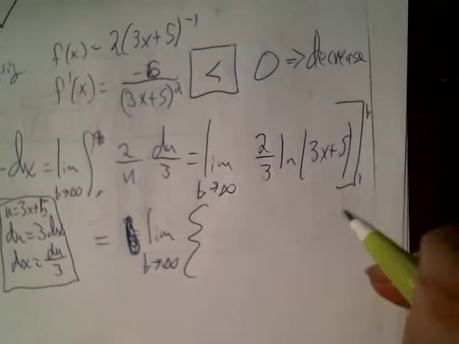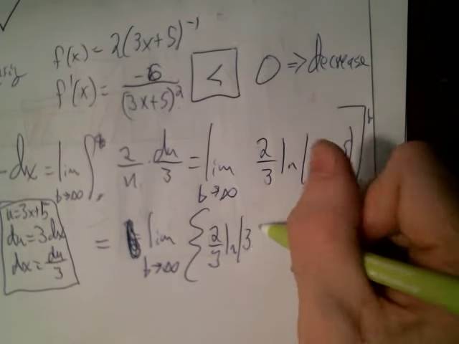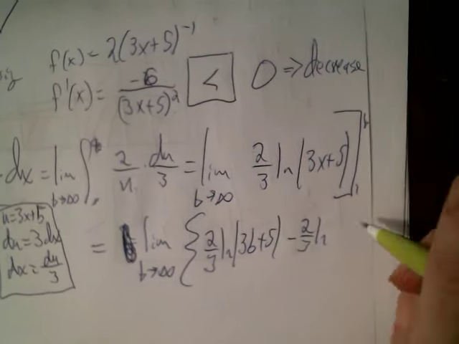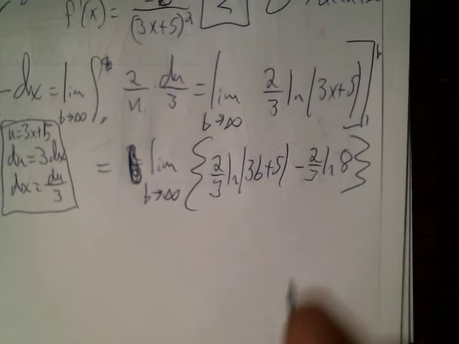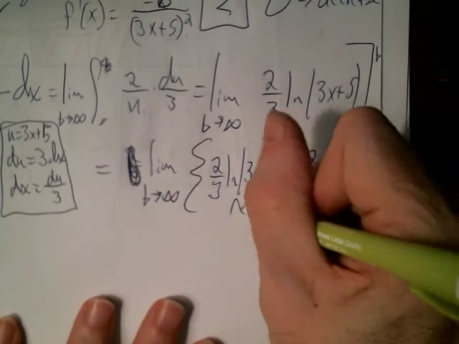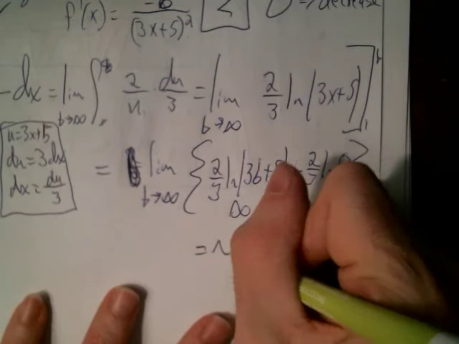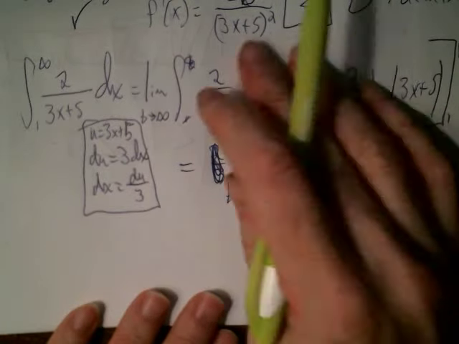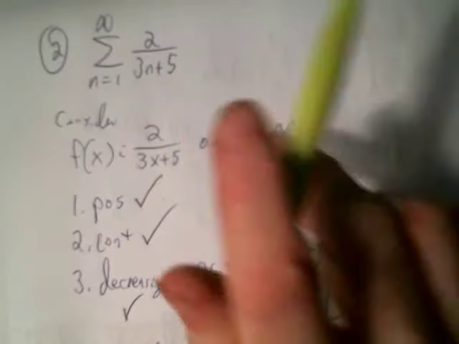It's the limit of 2/3 ln absolute value 3b plus 5 minus 2/3 ln of 8. Okay, the form of this limit is infinity minus L. So this will go to infinity. In other words, the integral is divergent, and by the integral test, the original series is also divergent.